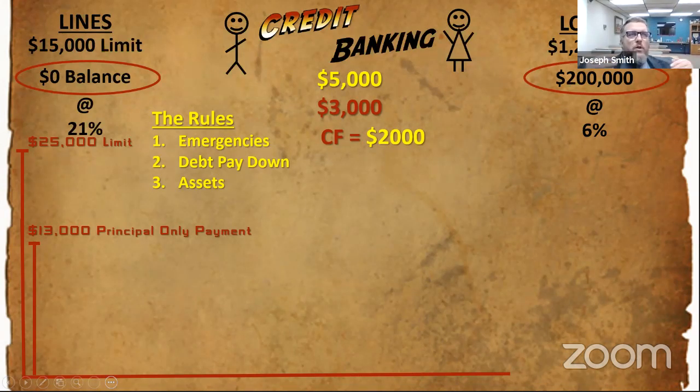Keep in mind that I said we don't want to go over 50% utilization on these cards. So we have a $25,000 limit. What's going to be 50% of that? Well, somebody will do the math and say, well, Joseph, it's $12,500. You're already $500 over your limit. You're not supposed to go over 50%.